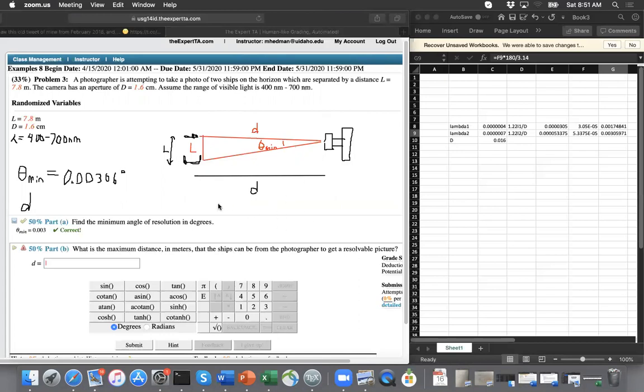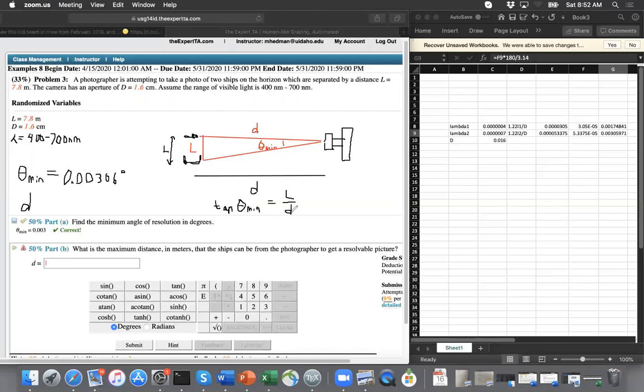And the relevant one is the tan of an angle on a right triangle is the opposite leg, which is L, divided by the adjacent leg, which is D.